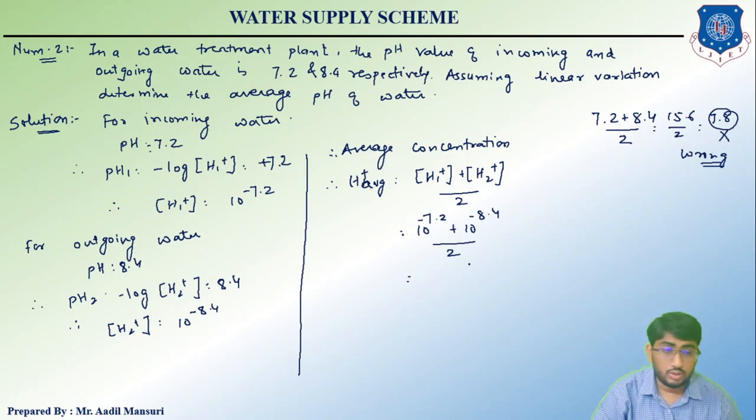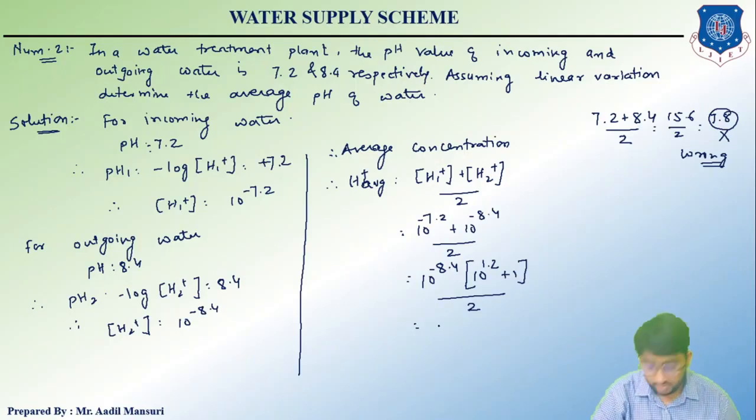Taking out the smaller one, 10 to the power minus 8.4, it will be 10 to the power plus 1.2 plus 1 divided by 2.